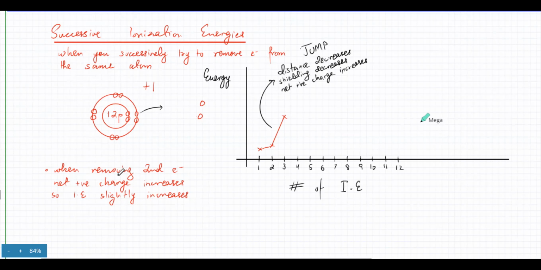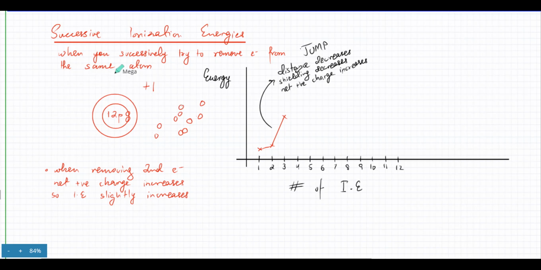What's going to happen is after that, once you've removed the third electron, the third electron is also gone. Now the third and the fourth and the fifth and the sixth and the seventh and the eighth and the ninth and the 10th. The only factor that's changing, I mean, this is the 10th, right?